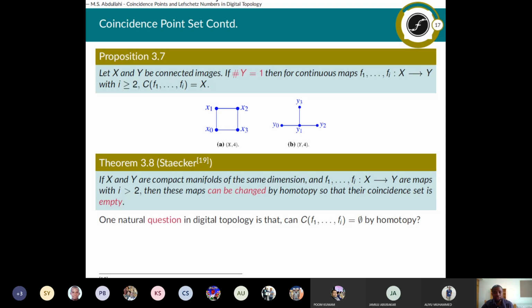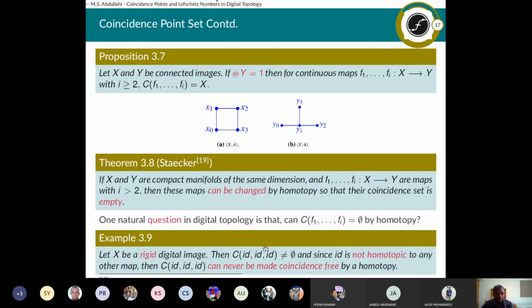One natural question in digital topology is: can we have a similar theorem to Stacker's in digital topology? Can we always make the coincidence set equal to empty by a homotopy? The answer is no, because when we allow X to be a rigid image and our functions to be self-maps, the coincidence of, for example, the identity is not going to be empty.